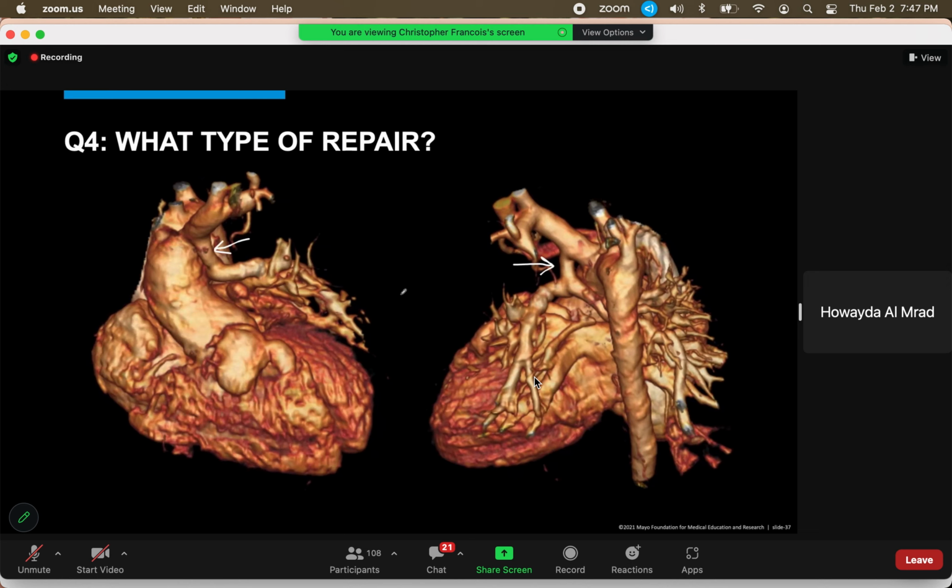So we created a communication between the aorta, and then here's the descending aorta over here. We're looking at it from the back now.